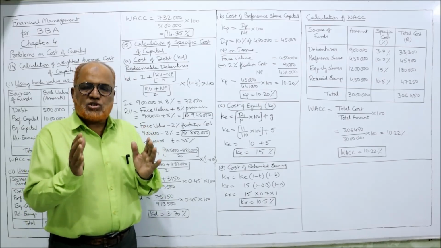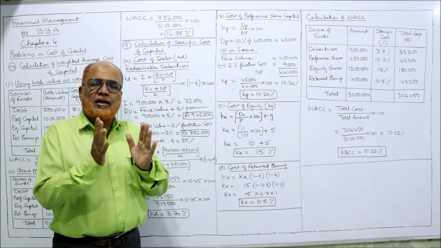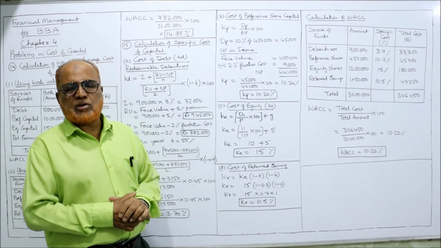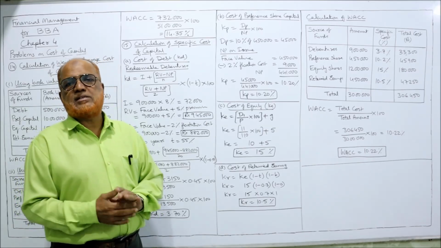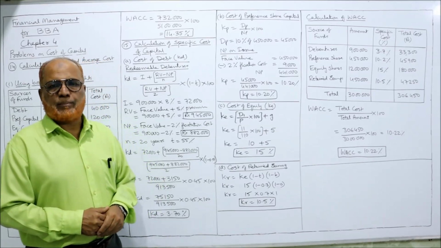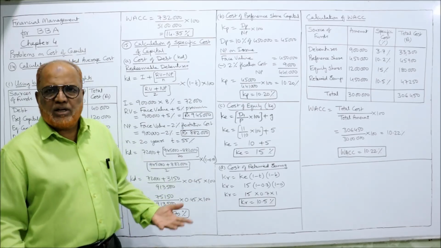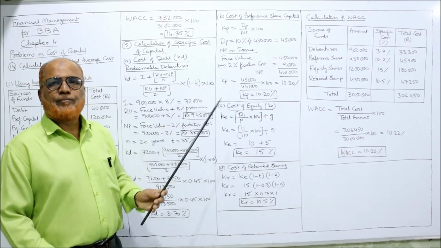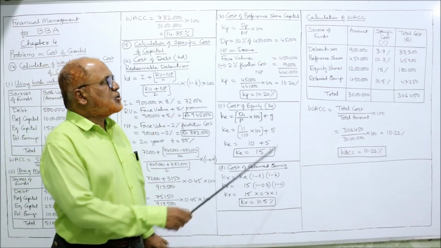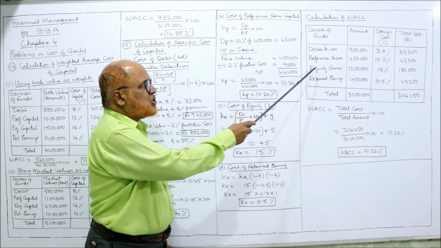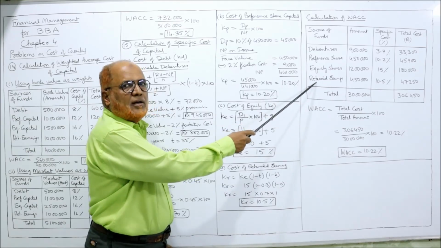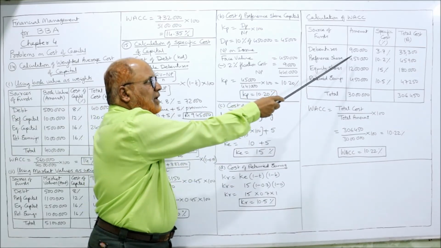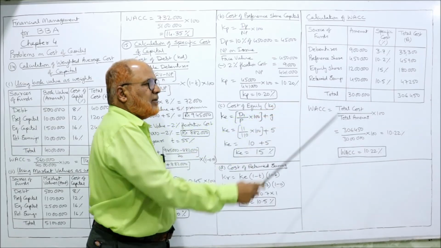So this is the first problem where we have to calculate both the specific cost and also WACC, weighted average cost of capital. Now as usual, it's very simple to calculate WACC once we get the specific costs. The sources of fund are debentures, preference shares, equity shares, retained earning. Amounts are given in the problem: 9 lakh, 4 lakh 50,000, 12 lakh, 4 lakh 50,000.